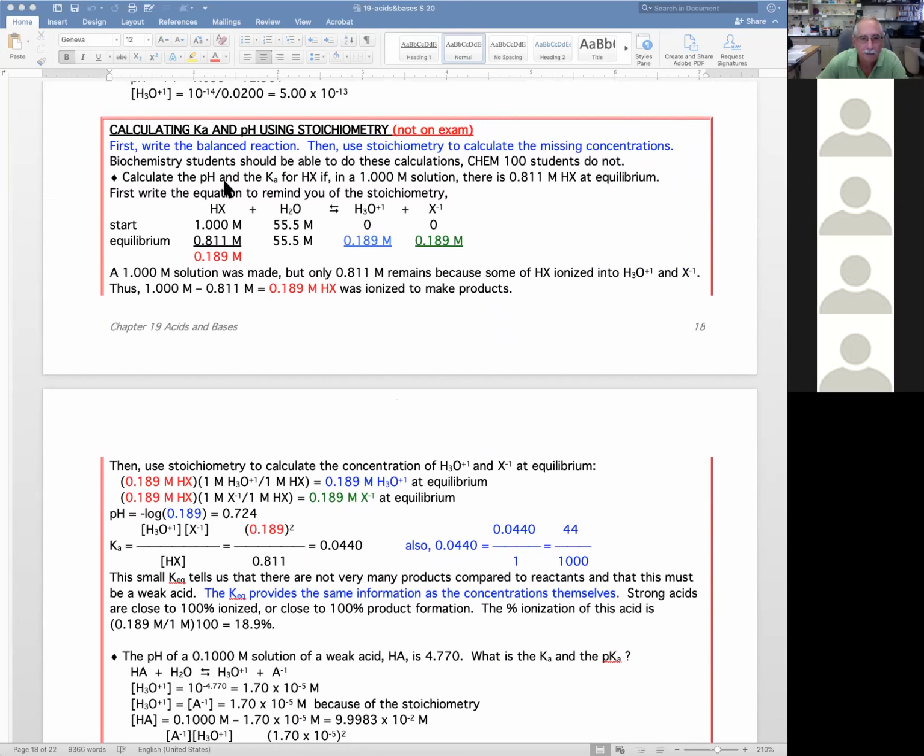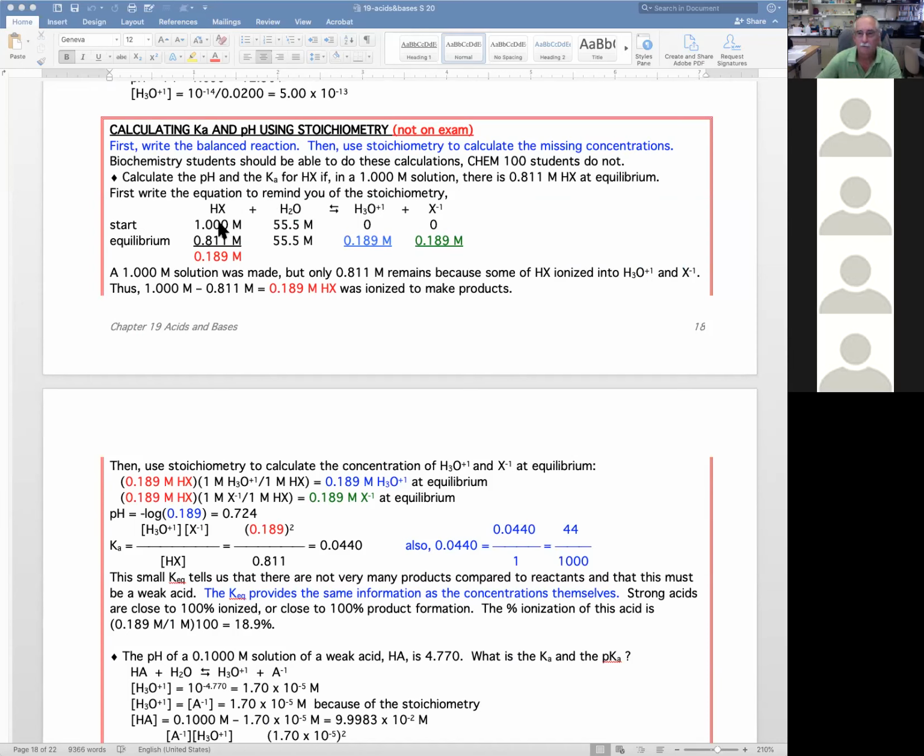Calculate the pH and the Ka for an acid if, in a 1 molar solution of the acid, there's 0.811 moles per liter of the acid. And I know that sounds really bizarre. What it means is that you started to make a 1 molar solution of this acid.